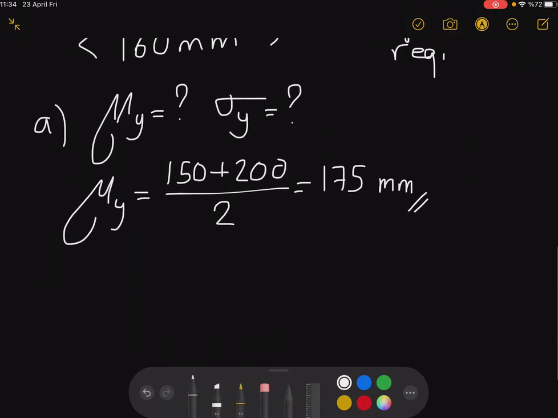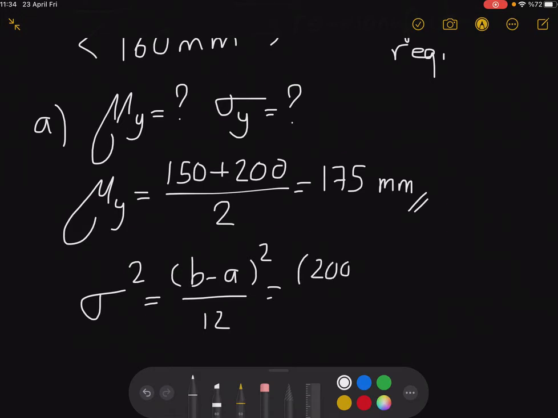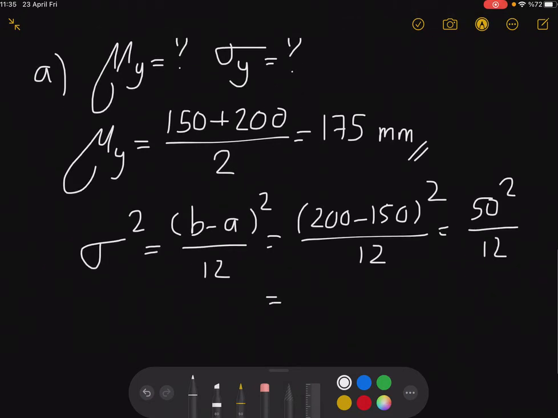And what about the standard deviation? The formula for the variance was (b minus a) squared over 12, right? So when you put the numbers in their positions, using a calculator, it's 50 squared over 12, and that would be something like 208.33.